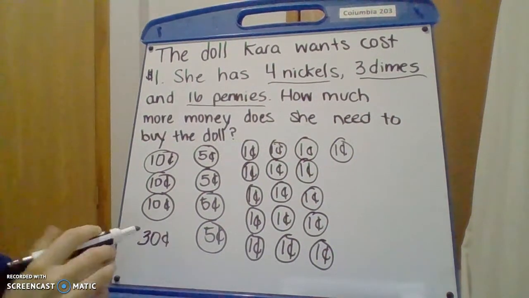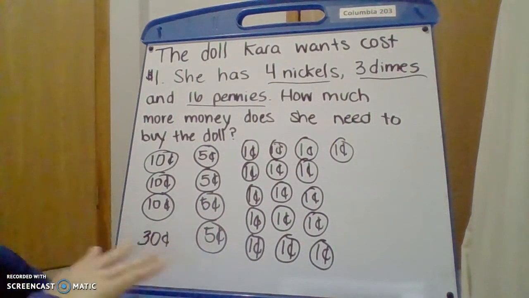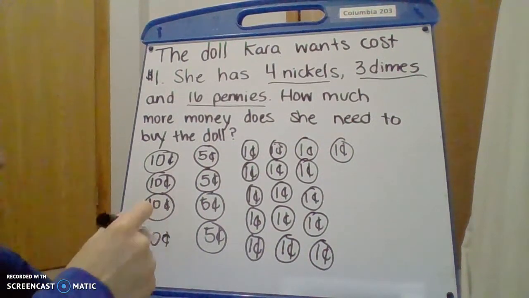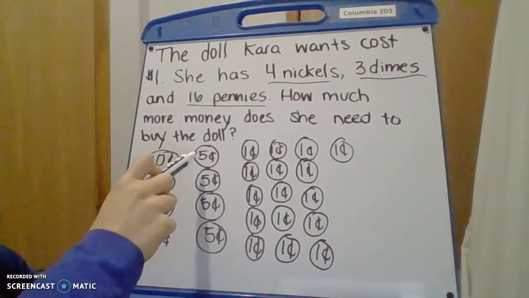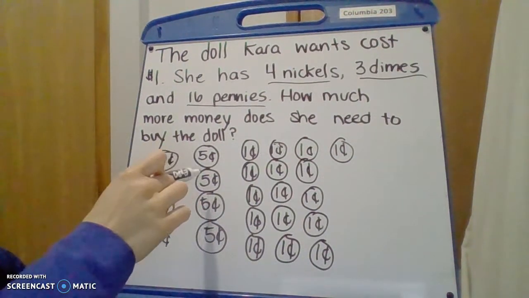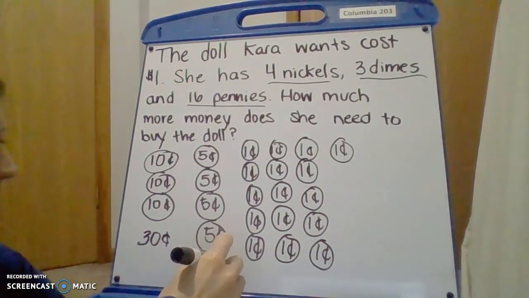30 cents. And I'm going to do it this way because I think it breaks it down well for you. If you can add it all together, go ahead, but I think this creates less mistakes. So then we do 5 plus 5 plus 5 plus 5. We can just skip count by 5. So 5, 10, 15, 20 cents.